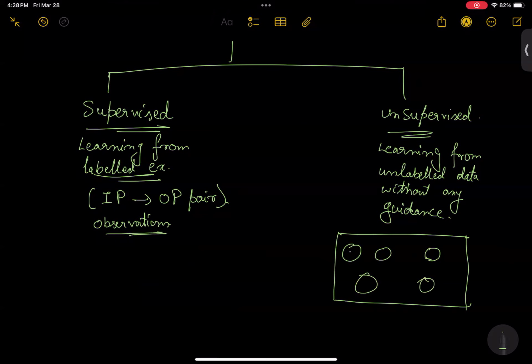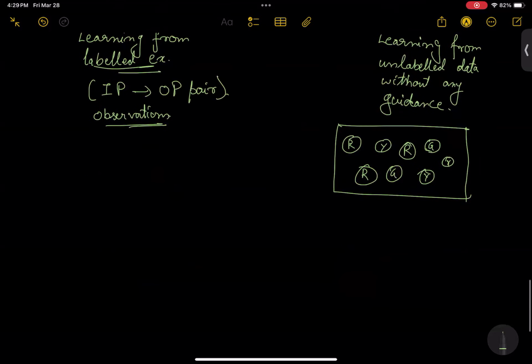This is red, this is yellow, this is green, and this is red, this is yellow, this is green, this is yellow, and this is again red, right?